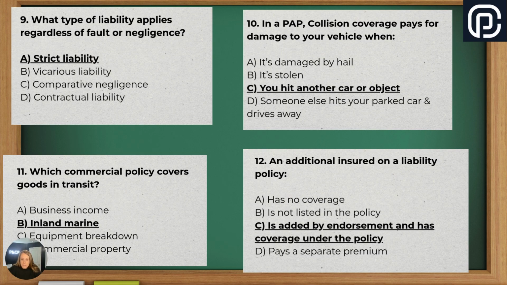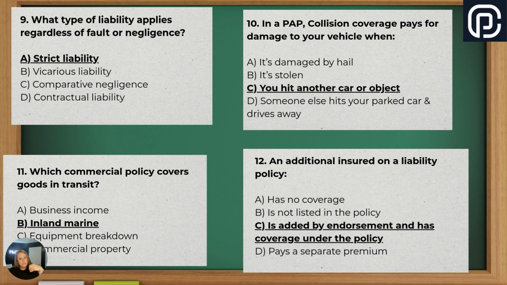Let's say you hit a deer. That would be comprehensive. That's the only time that if you're driving and you hit something, that would fall under comprehensive, if it's an animal. Anything else, if you drive into another car, like I said, a building, a tree, a guardrail, anytime you're colliding with something, again, excluding animals, that's collision.